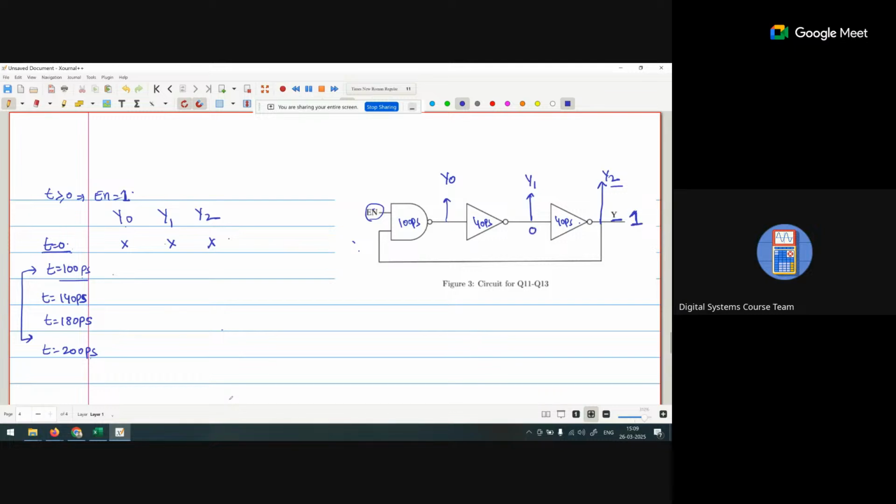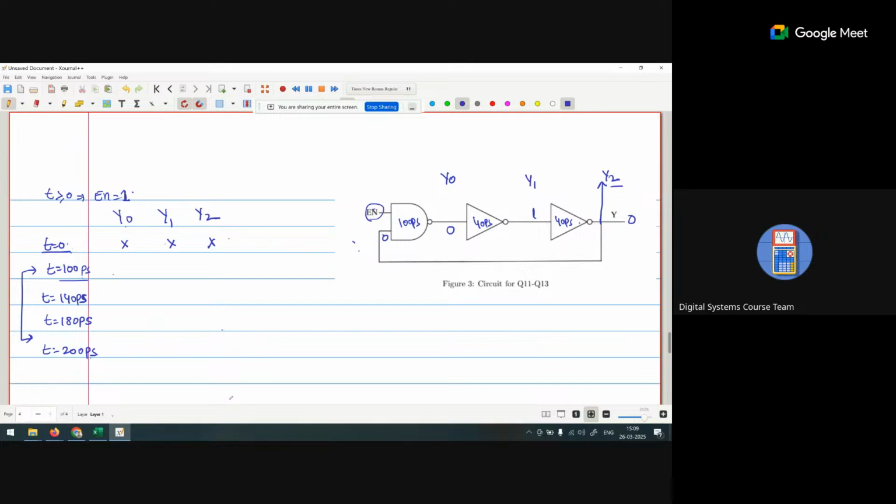That means this becomes 0, this becomes 1, and so on.